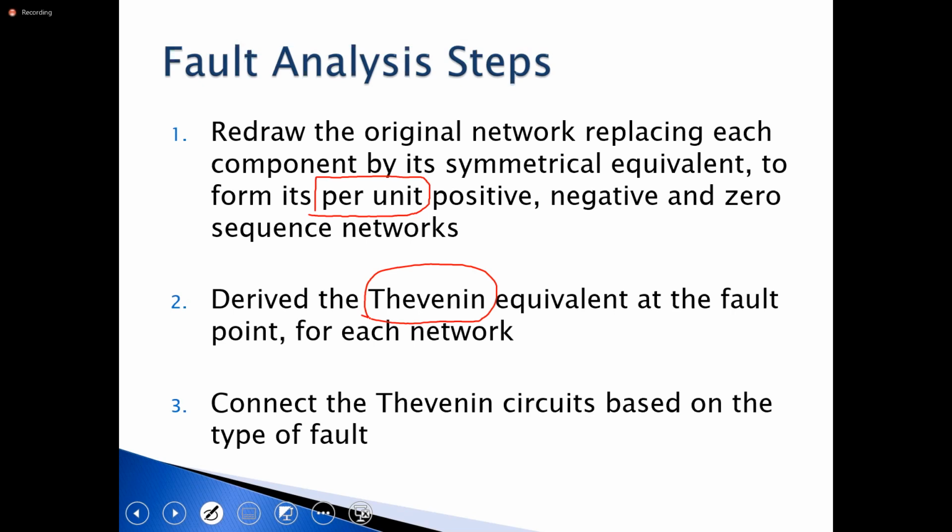If it's a single line to ground fault, you'd connect the 3 networks in series. If it's a double line to ground fault, then you'll connect the networks in parallel. And if it's a line-to-line fault, then you would connect the positive and the negative sequence networks in parallel.